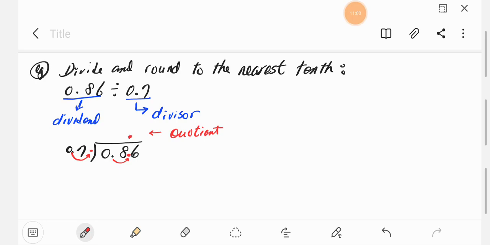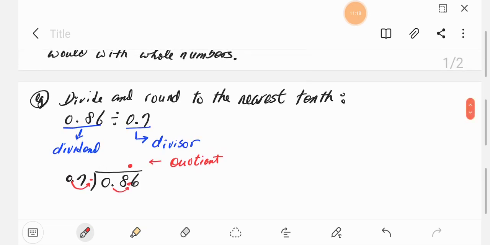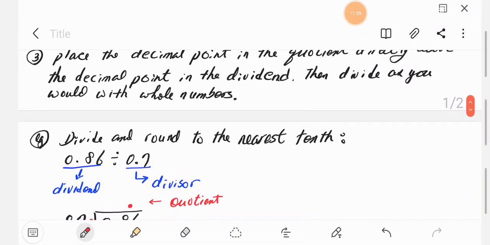Simple, isn't it? So we just follow these 3 steps, and then divide the numbers as you would with whole numbers.